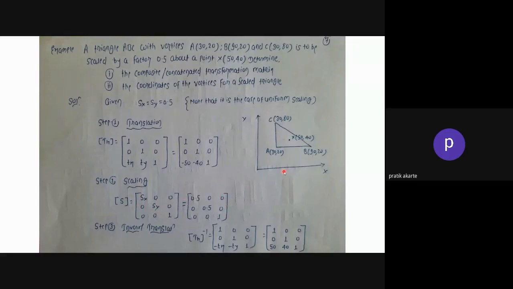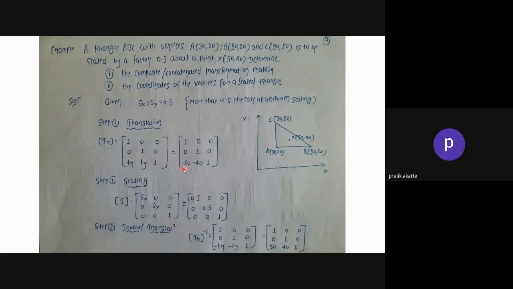Fine. Now we will reposition this point and the entity to its original position. For that we use minus tx and minus ty, which means 50 and 40. Here you might get confused: you translate by minus 50 and minus 40 first, and here you write plus 50 and plus 40. It is just the sign convention: the distances traveled are minus 50 and minus 40 in the regular translation, and exactly the reverse in the inverse translation.